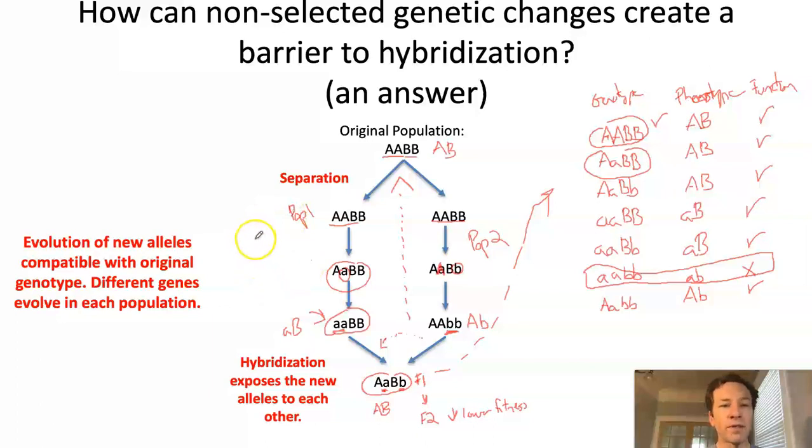So if in their time of separation, let's imagine that, to go back to an old example, population 1 has been selected more towards hummingbird pollination, and population 2 has been selected more toward bee pollination.